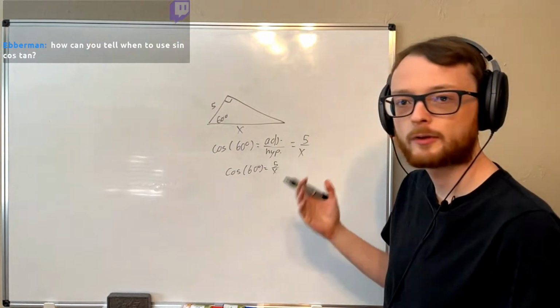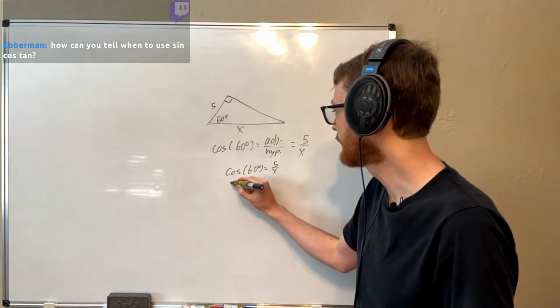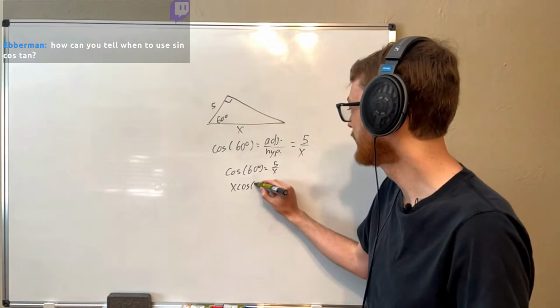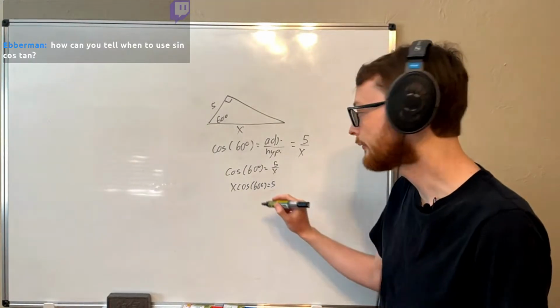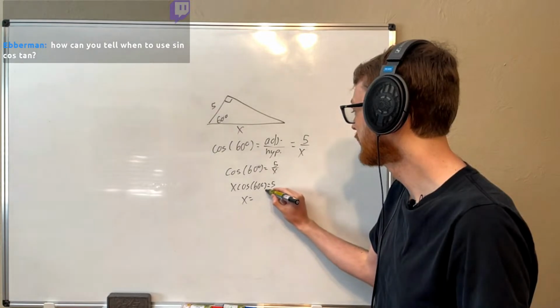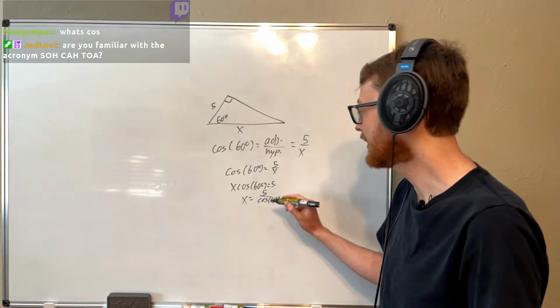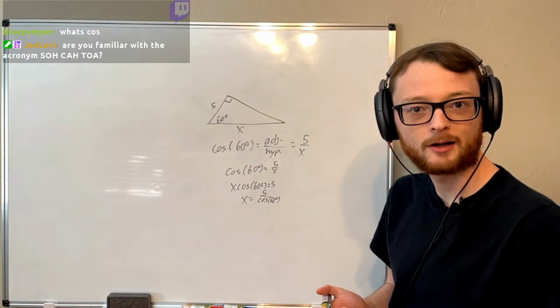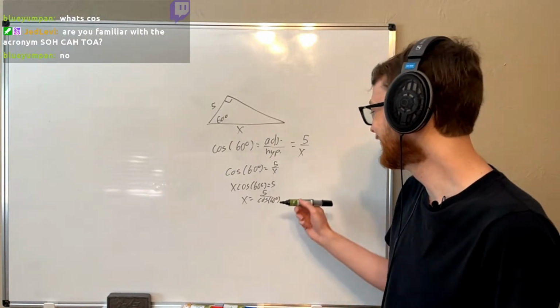So now it's just kind of normal algebra, I guess. I multiply each side by x, and we get x times cosine of 60 equals 5. Now divide each side by cosine of 60. x is 5 over cosine 60. Technically that is an answer, but that's not really how teachers want you to say it.